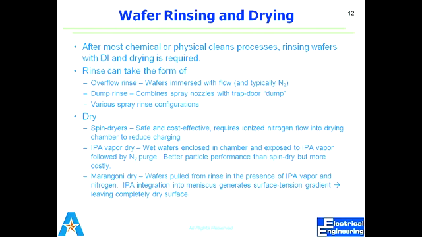What you do is put in your wafer and start spraying DI water from the top onto the surface of the silicon wafer. At the same time you start introducing DI water from the bottom of that chamber, that enclosed part where we have the wafers.